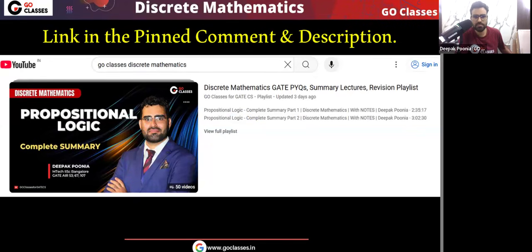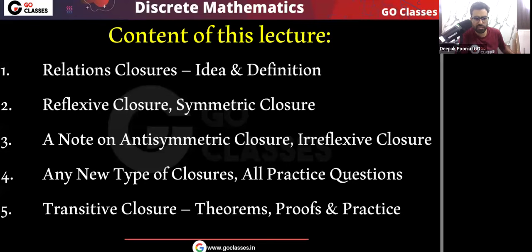Let's see what is the content of this lecture. What are we going to study in this lecture? We will see relations closures, idea and definition. Closure of relations: what is the idea, what is the informal definition, and the formal definition. So two types of definitions we will see. We will also see reflexive closure and symmetric closure, and how to find them.